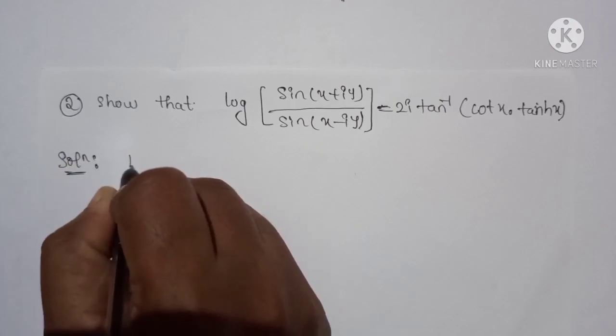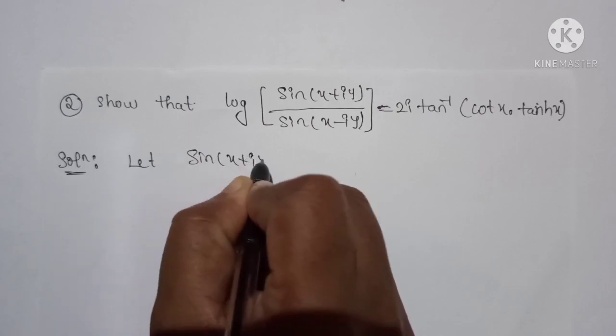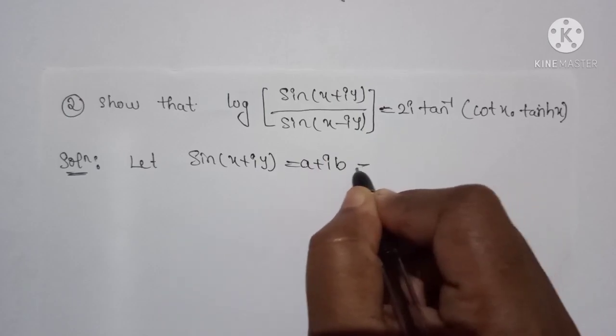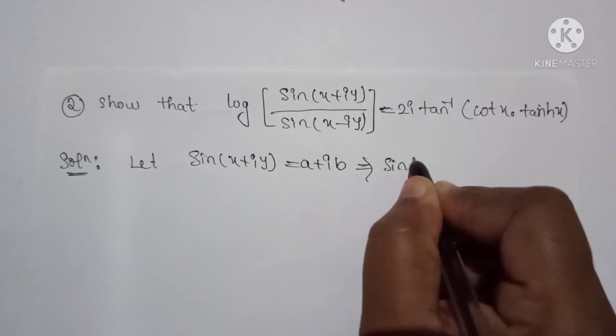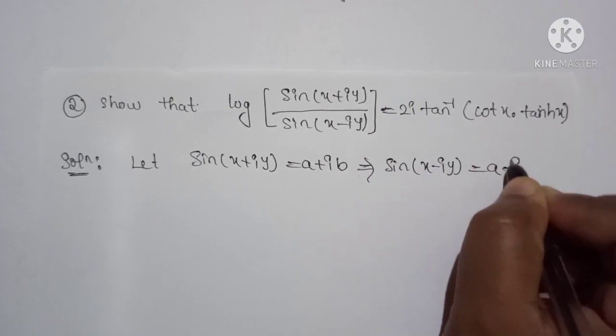Solution: let sin of x plus iy equal a plus ib, then it implies that its conjugate, sin of x minus iy, is equal to a minus ib.